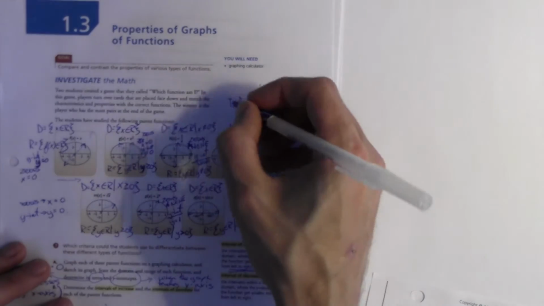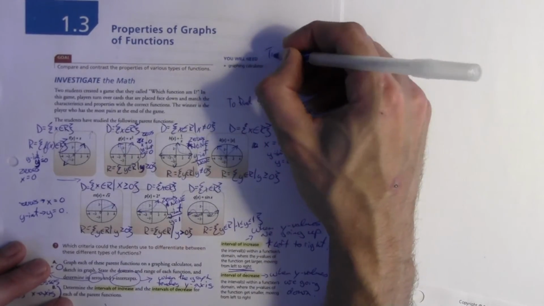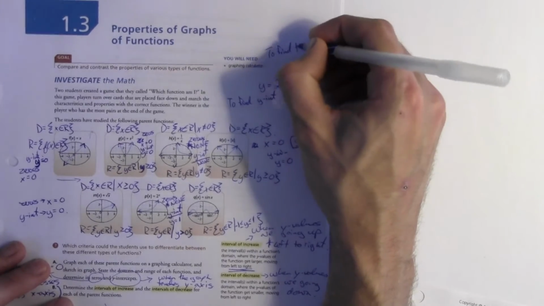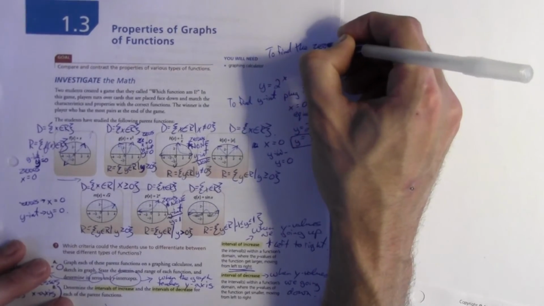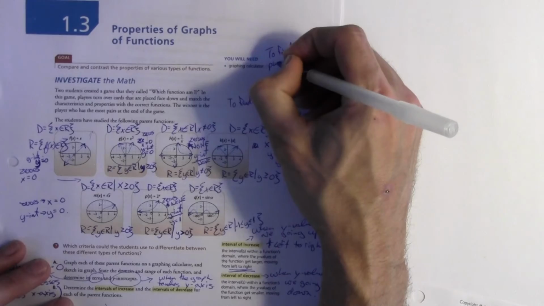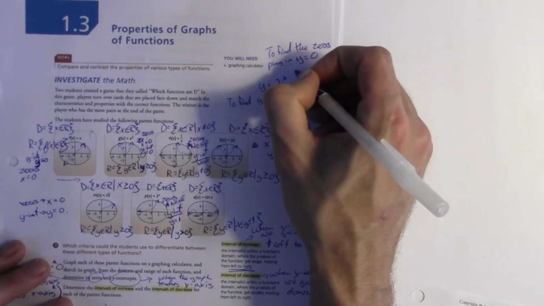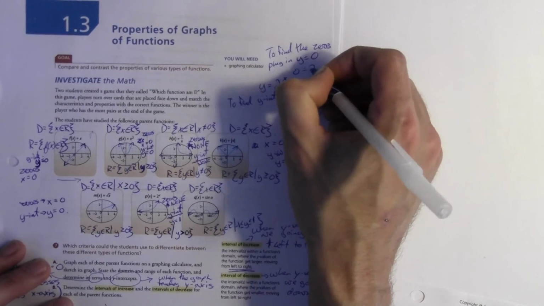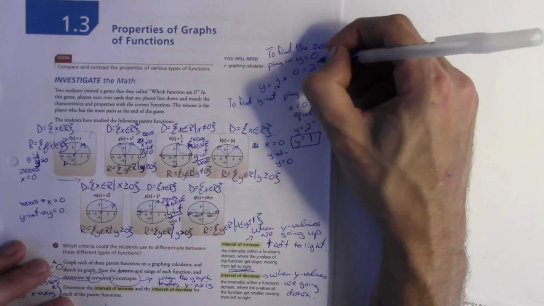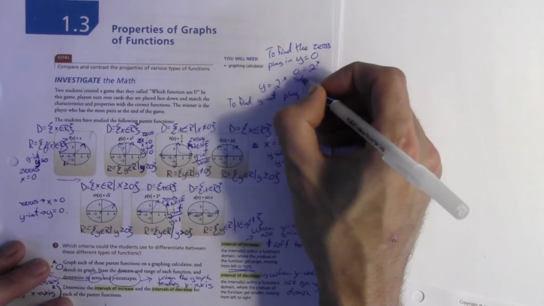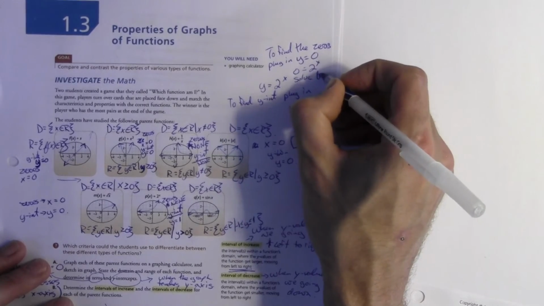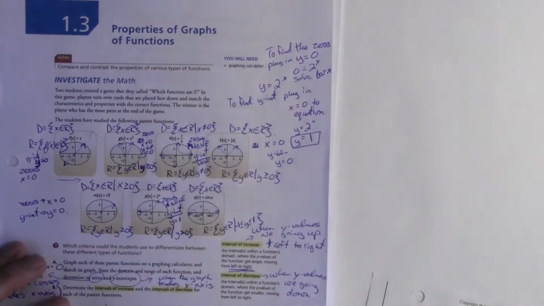To find the zeros, we plug in y equals 0 to the equation. So we would have 0 equals 2 to the exponent of x. And we solve for x.